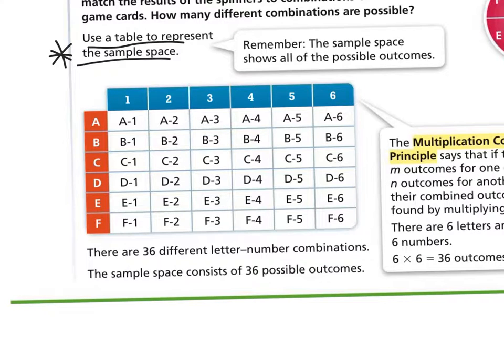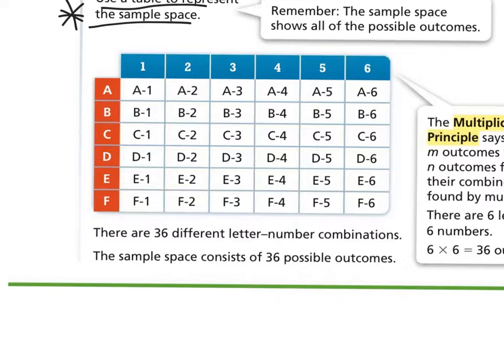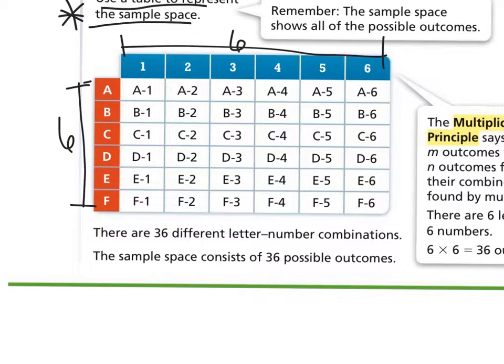Rather than listing all these out in one big line, which would take quite a bit of room, they're using a table, and that's okay too. So options A1, A2, A3, A4, A5, A6, B1, B2, B3, B4, B5, B6, and so on. You can see we've got basically a square here. There's 6 options this way and 6 options this way. So 6 times 6, there are 36 different possibilities.